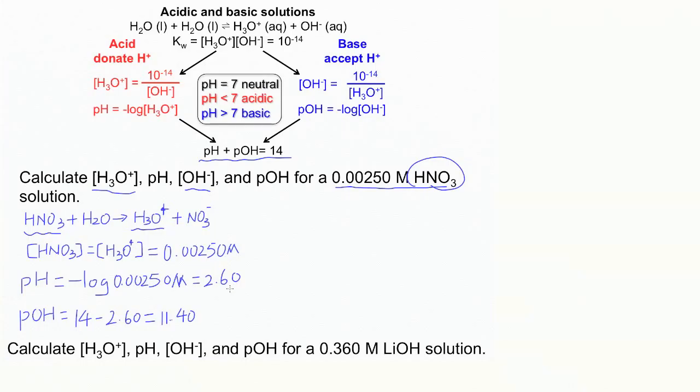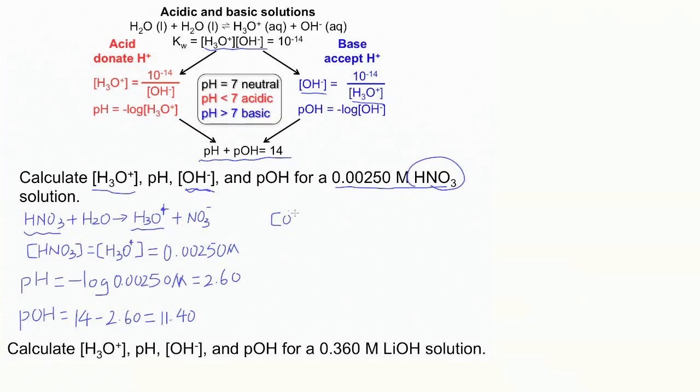Okay, so the last part would be the calculation of hydroxide. Take a look at this equation: the product of hydronium concentration and OH concentration equals 10 to the negative 14. So if you know the concentration of hydronium, then you should be able to calculate the hydroxide.